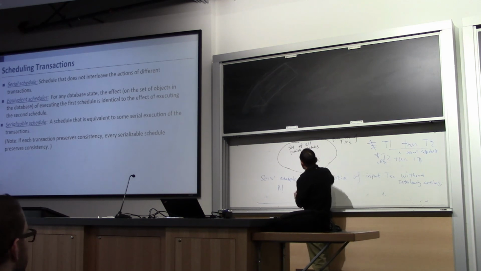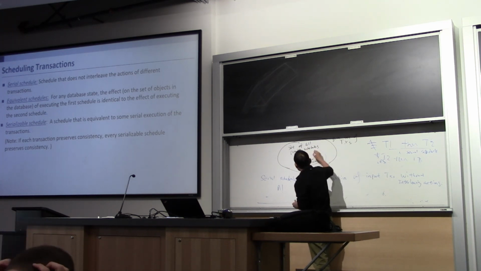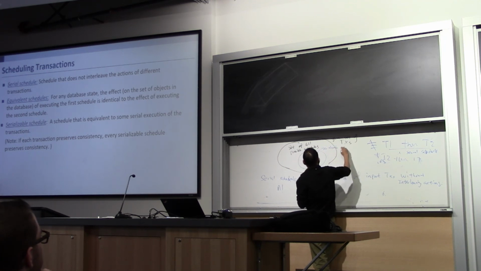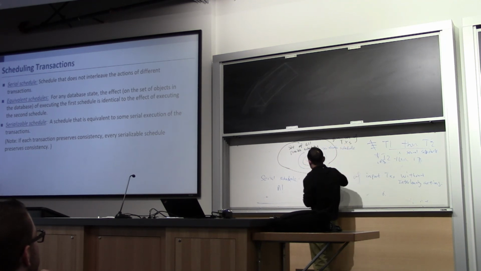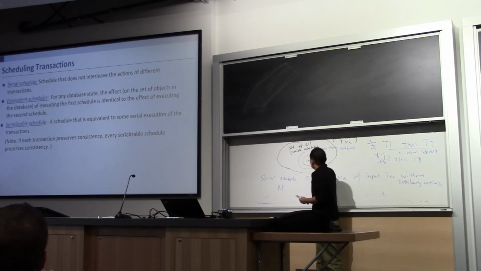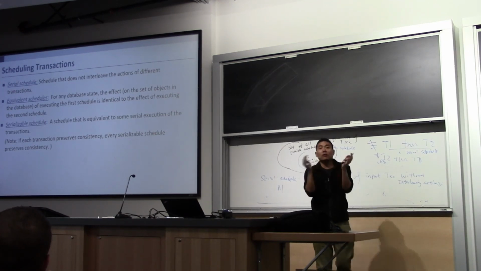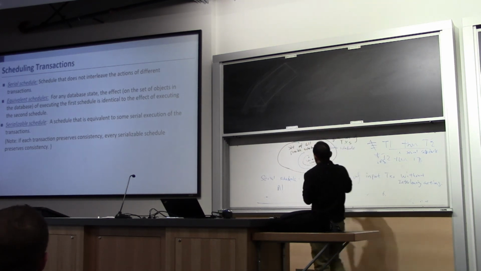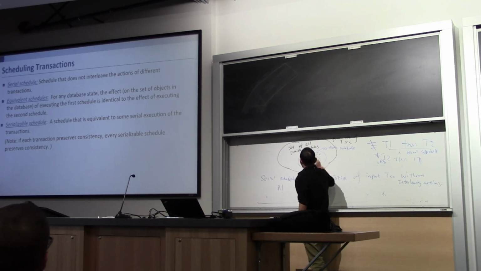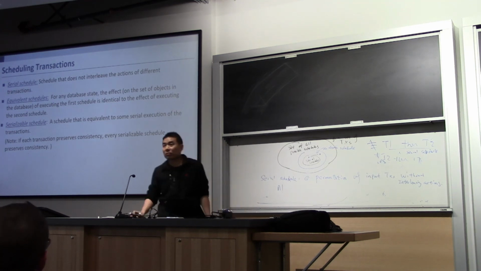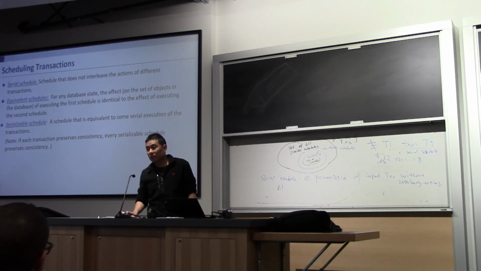Serializable schedules are these, such that any dot here is equivalent to some serial schedule, not all, because not all serial schedules are equivalent to each other. A serializable schedule's effect must be the same as one of the serial schedules. That's the relationship we have.